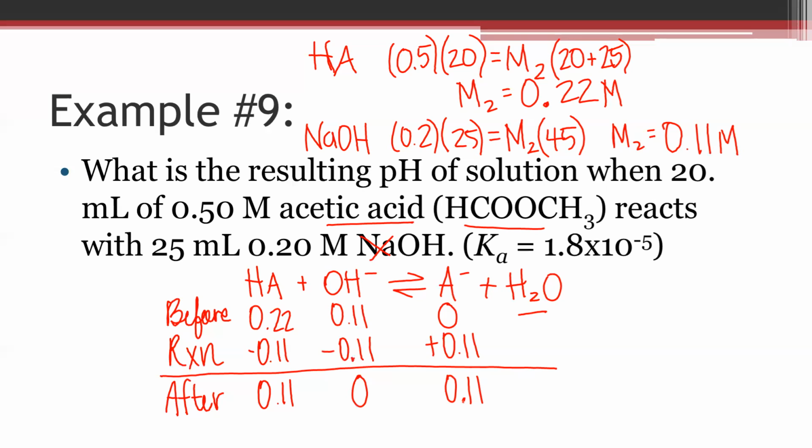Okay, so now since we have some of the acetic acid left over, that tells me that when I go to find pH now, I can set this up with the acid equilibrium like we did in example 5, where we have our weak acid plus water makes hydronium and the conjugate base.